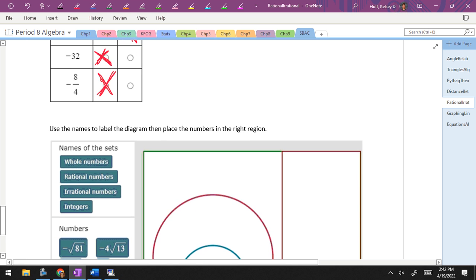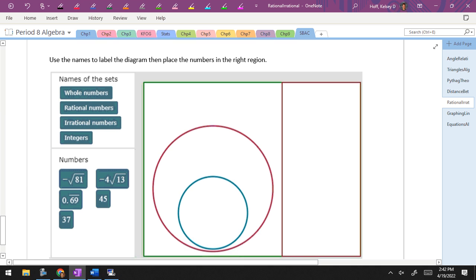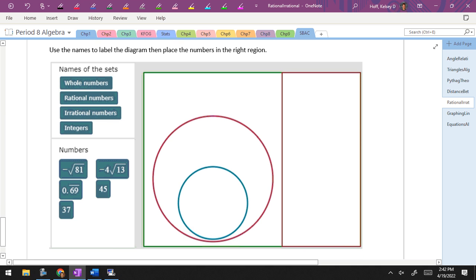Okay. Use the names to label the diagram, then place the numbers in the correct region. Okay. So we have 2 circles and 2 rectangles. Help me out. Where am I putting my labels here? The bottom one is here. Whole number. Okay.